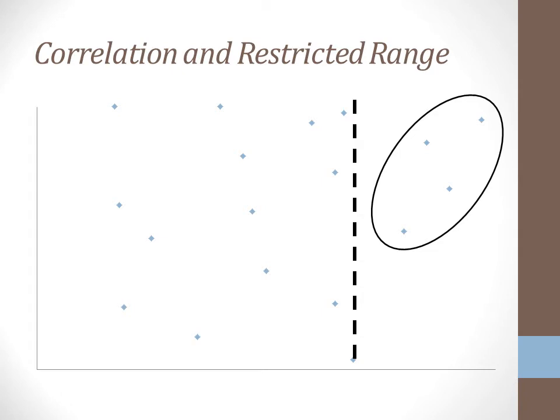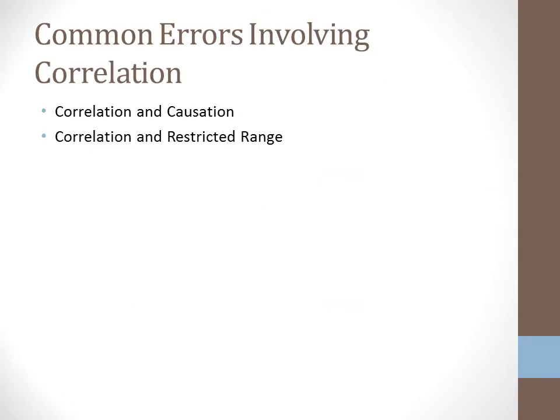So if we were to look at this restricted range, what we would conclude is that there is a strong positive correlation. But in reality, if we looked at the full range of scores, we'd realize that there is no relationship between the x and y variable. Therefore, it's very important that your data is not restricted.